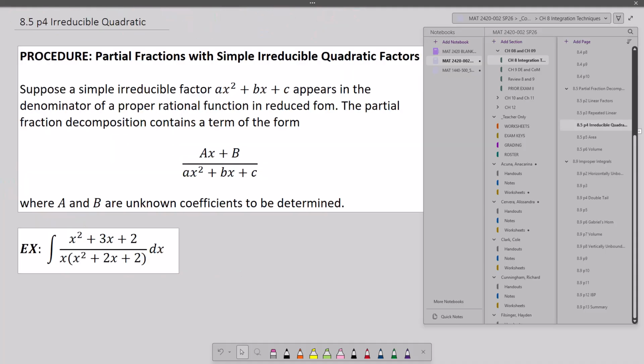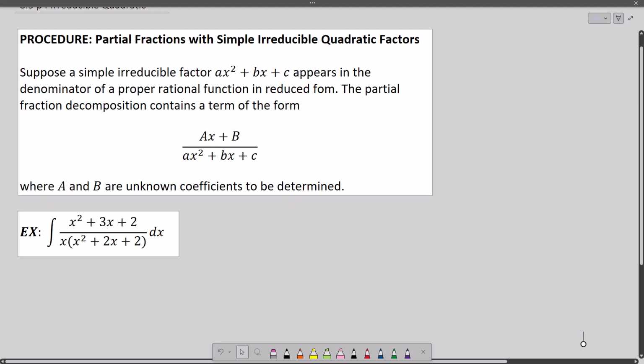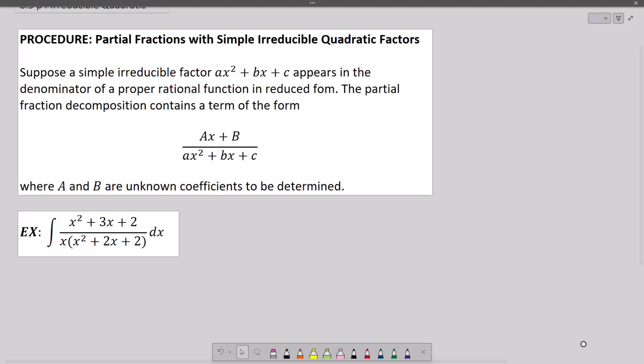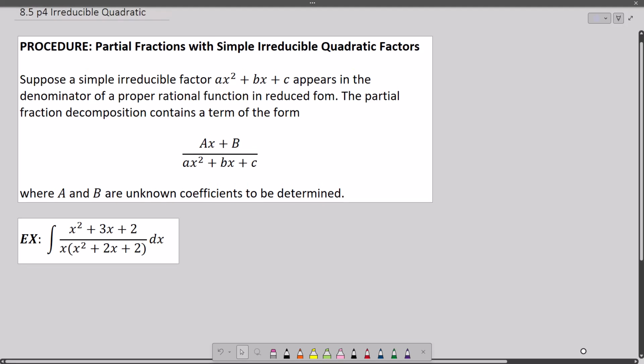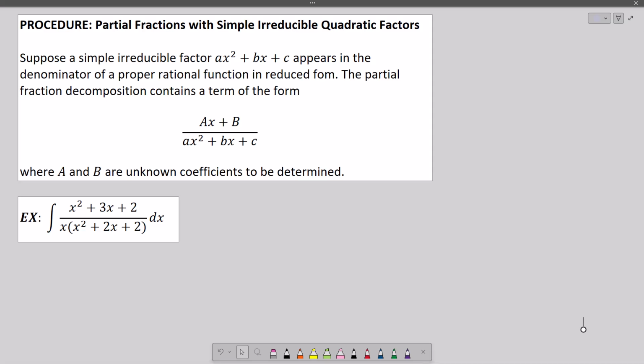Let's go to the irreducible. There's a theorem called the fundamental theorem of algebra, and it says that you can factor any polynomial into a product of linears and irreducible quadratics.